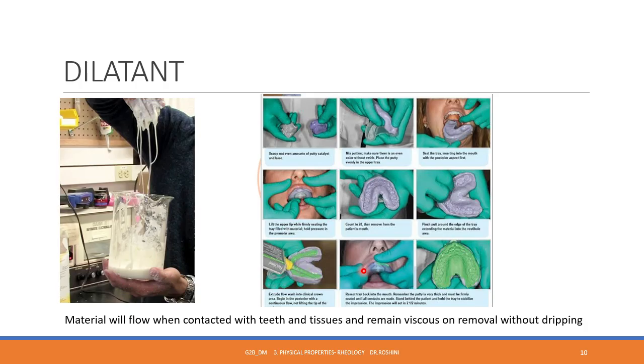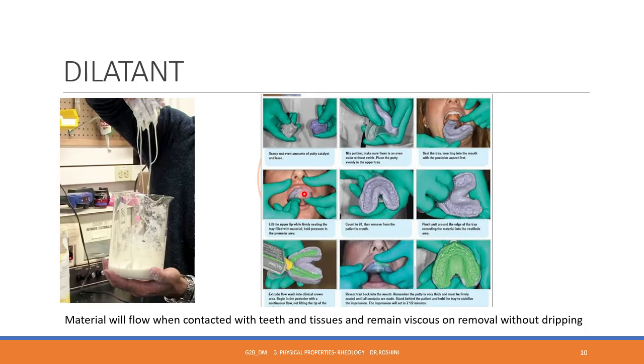The same property is applicable to few impression materials like alginate and elastomeric impressions, where on start of mix and application of shear force, your material will start to thicken. Initially, the material will be flowing freely and record the impression.